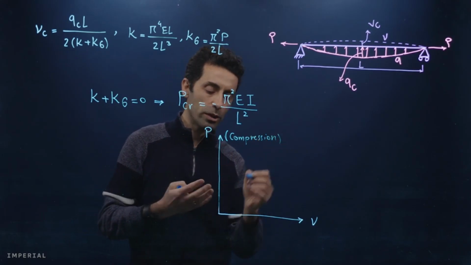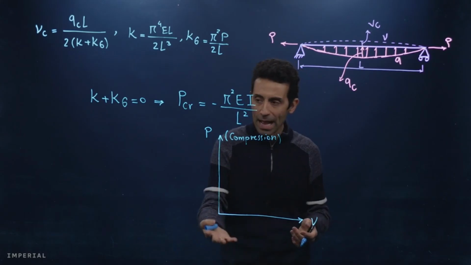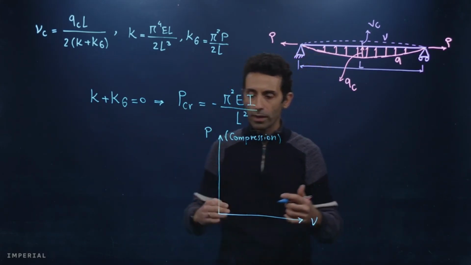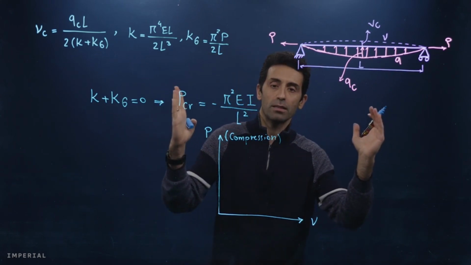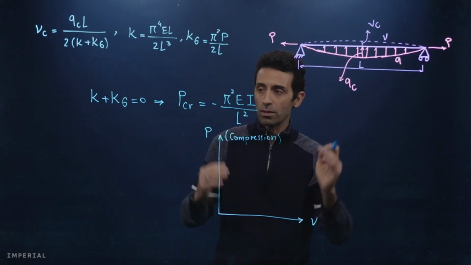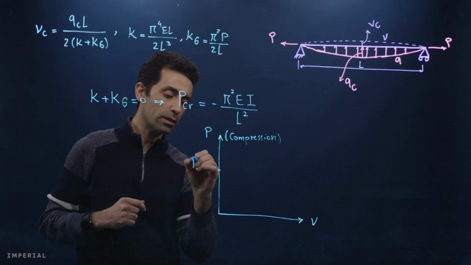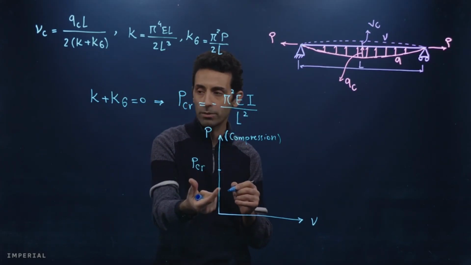Not in tension. So here I'm showing the magnitude of the P when it is in compression. As we are increasing the axial force in compression, this beam will contract, the length will be reduced, right? Up to a certain point, which is our P critical. Yes, so the magnitude of this is P critical.